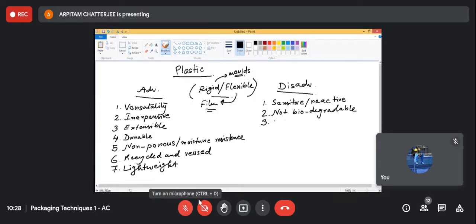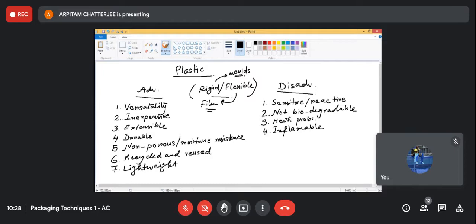Yeah, it can cause health problems if it is not a food grade plastic. And another important point is it is inflammable, so you can have a lot of inventory issues. If you want to keep a big inventory, then this inflammable point can cause a lot of problems.